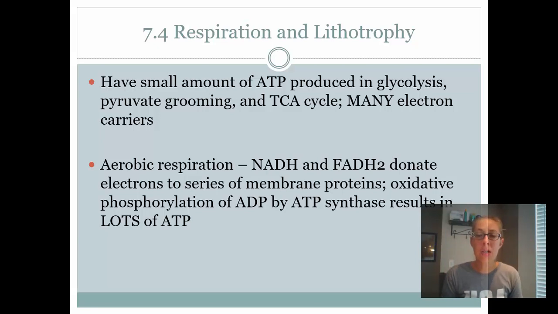We are going to use our electrons to generate what is called a proton motive force. And we use this proton motive force for a whole bunch of different things in bacteria.